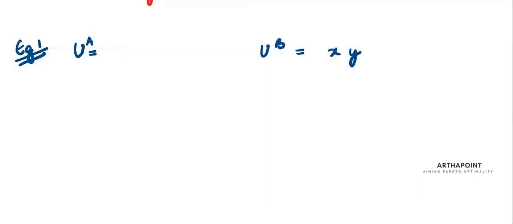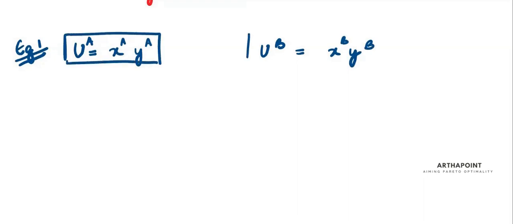Also, when you write this x, y, you should clearly mention xa, ya, xb, yb. This helps you understand that this is completely individual A and this is completely individual B. That's the first thing.